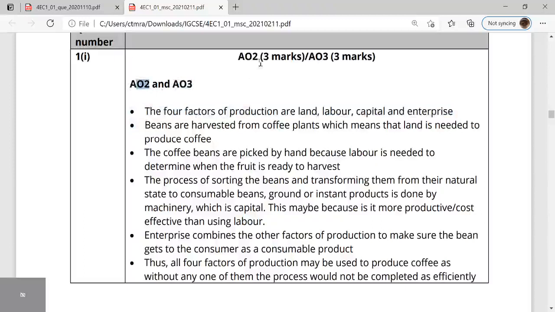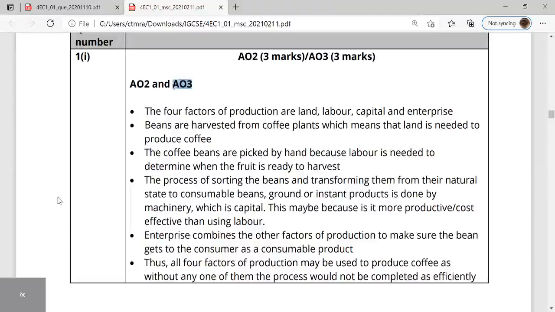These two are very important for this question. Assessment objective 2 means referring to the case using the data, and AO3 means analyze. That means you're developing or explaining or relating it with the case, relating it with the topic and everything.